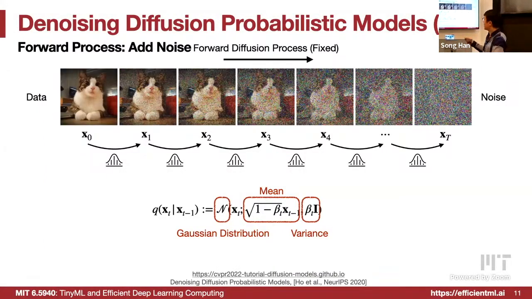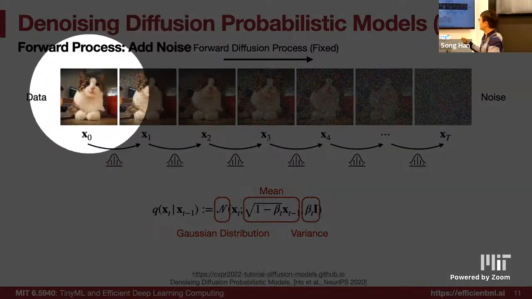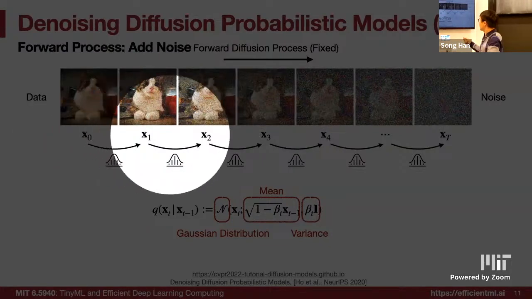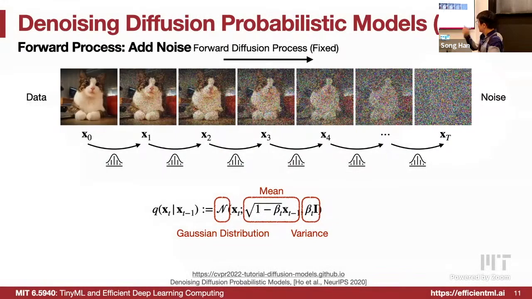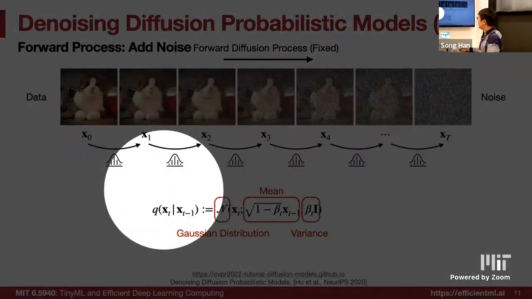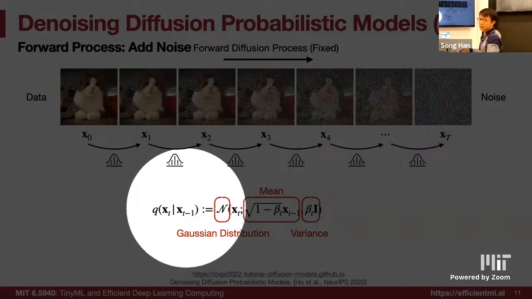Okay, so the forward process is basically adding noise. Starting from the data, across many steps, it becomes noise. And the x_t is dependent on the previous step.